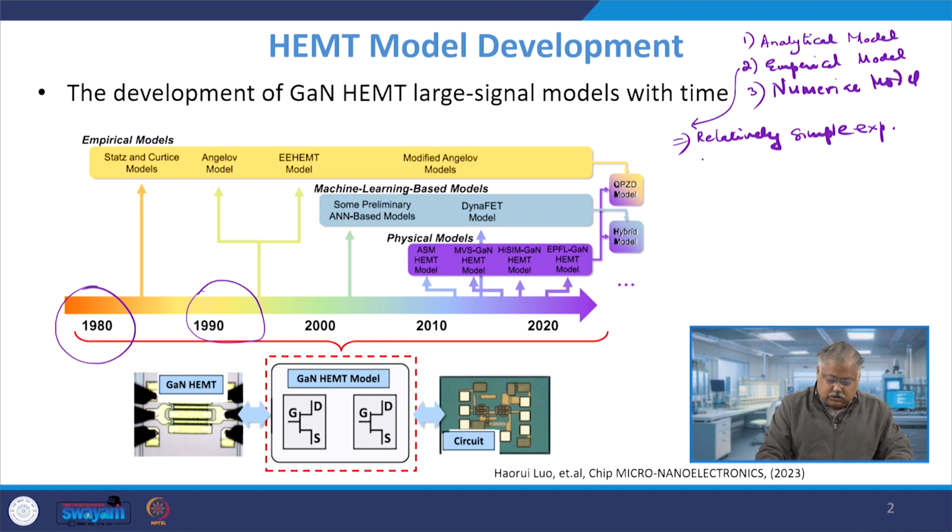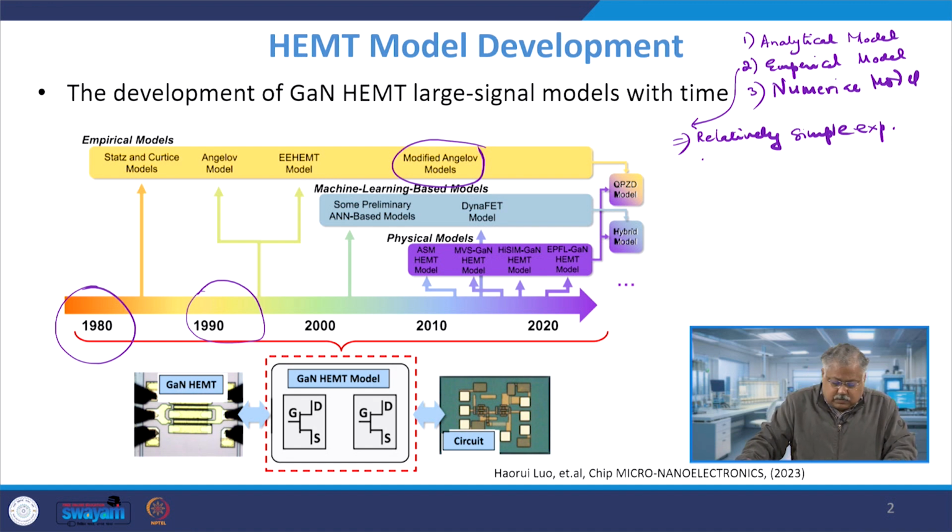These Angelov models have been modified a large number of times in recent times, and these modified Angelov models are generally used in many of the current generation HEMT model designs.